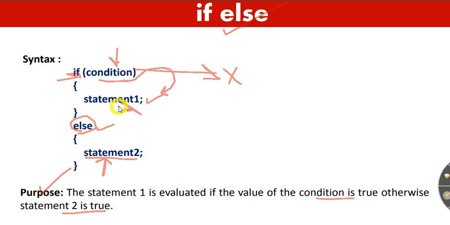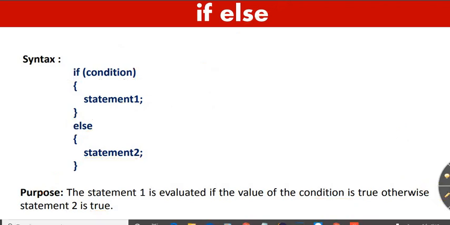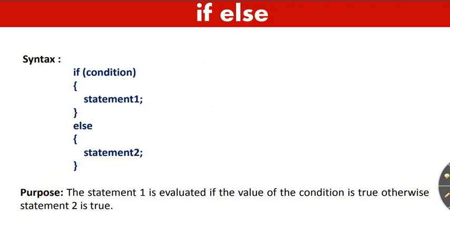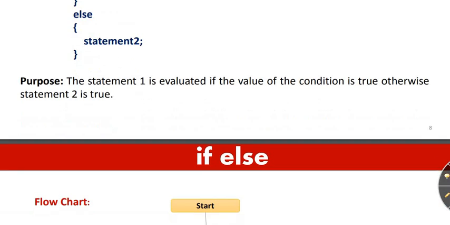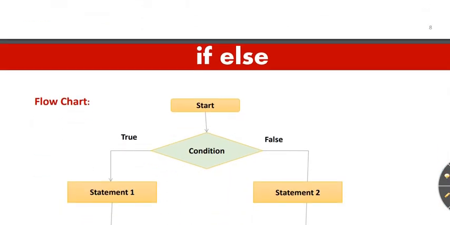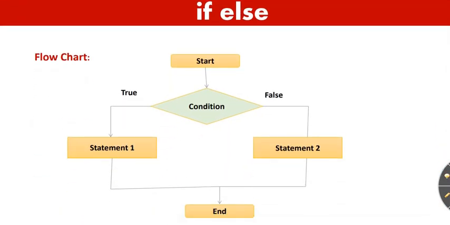Okay, now let me show you the flowchart of it, which is very important for any programming. You have to know the flowchart in order to start the coding. So here is the start, as you can see, and here is the condition we are checking.